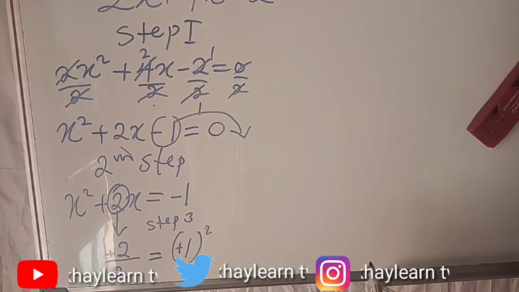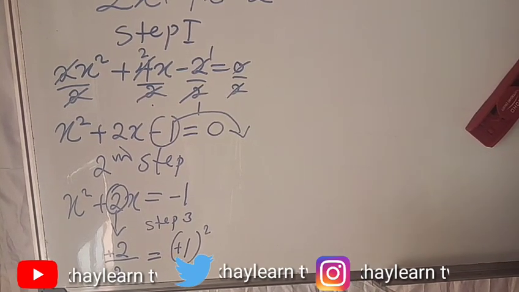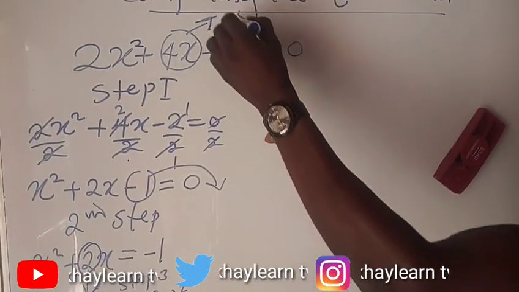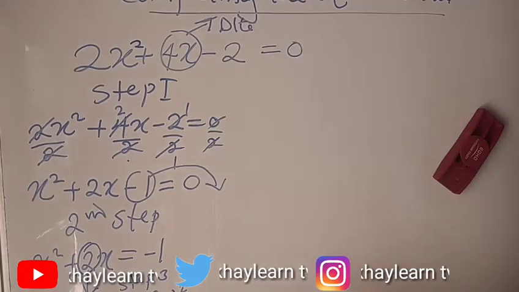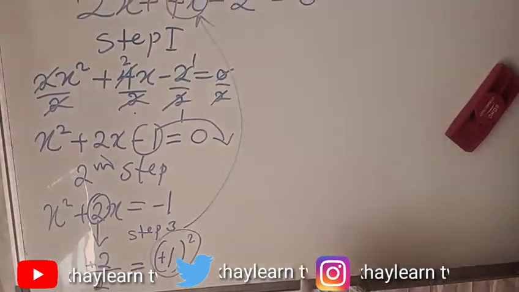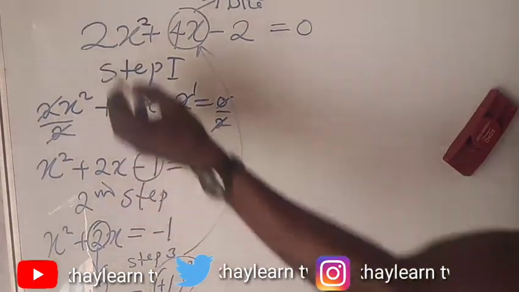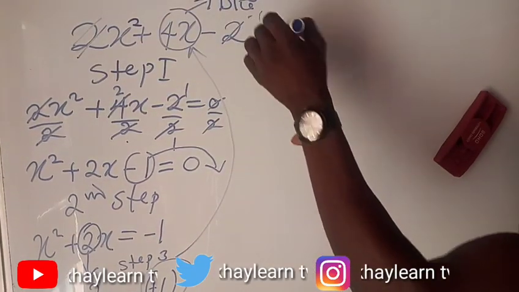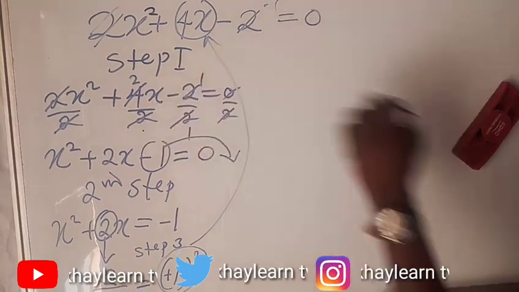Now, what you should do next is remove the middle term. Delete it. After deleting it, you should add the squared value to both sides. This one becomes negative 1 automatically in this step.